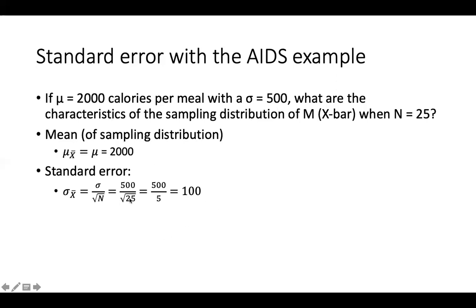The 100 is saying from sample to sample, when sample size is 25, we should expect sample means of calories consumed to bounce around on the order of about 100. So there's less variability when we're looking at distributions of sample means than when looking at scores.